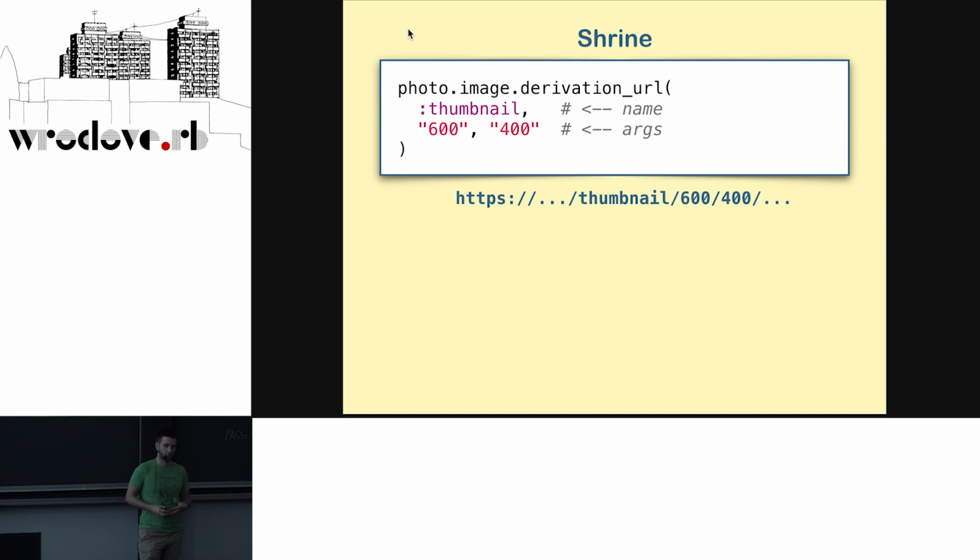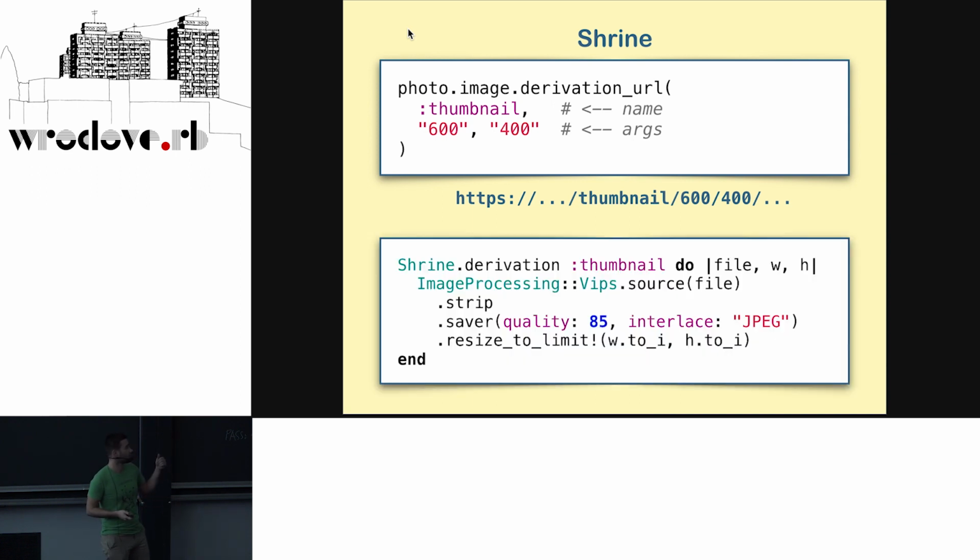The approach that Shrine takes is that you define a custom alias and some custom arguments that you want to pass from the view. And then when the URL is hit, Shrine finds the corresponding processing block that you defined, which is just a simple Ruby block.